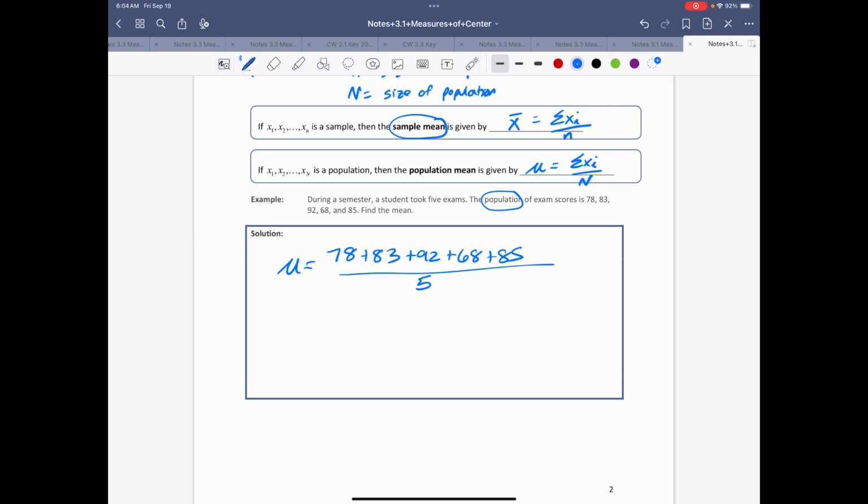Take your calculator and enter the numerator and push equal. Anytime you have something like that, you need to push equal before you divide by 5. So here's what I get. When I add them and push equal, I get 406 divided by 5, which is 81.2. So the population mean is 81.2.